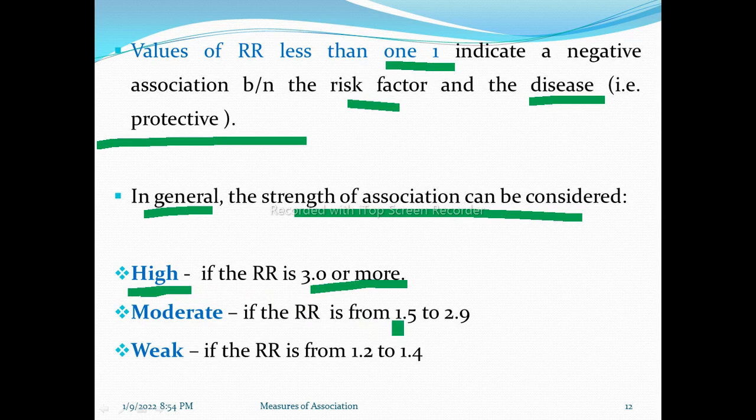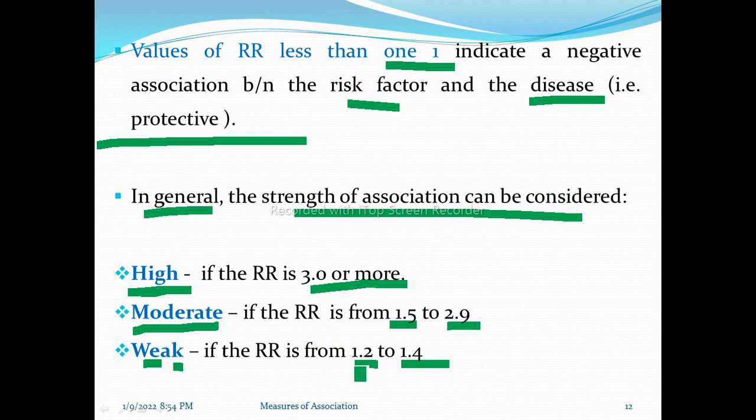If relative risk is from 1.5 to 2.9, we can say moderate association. The relationship between smoking and coronary disease is 1.61, so it lies here, and we can say a moderate association is present. And if relative risk is from 1.2 up to 1.4, we can say weak association.